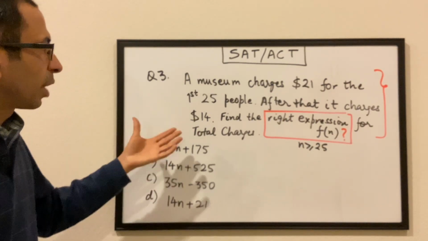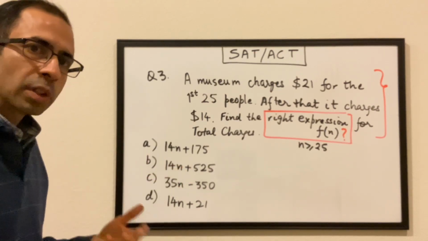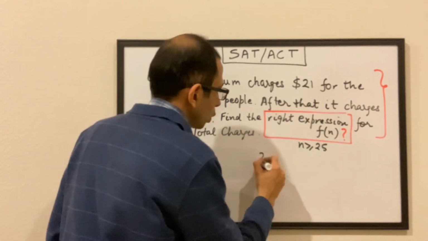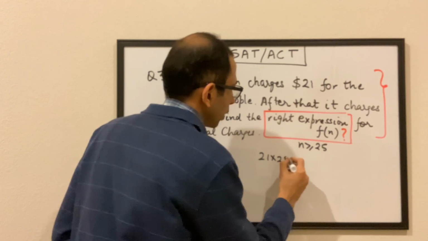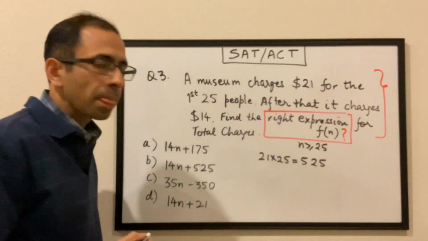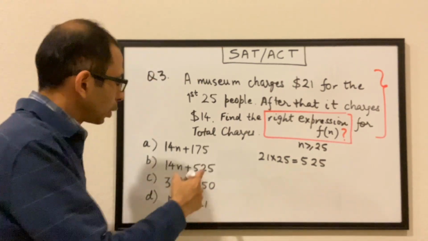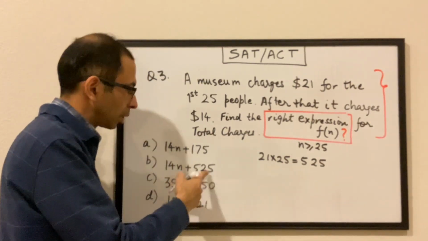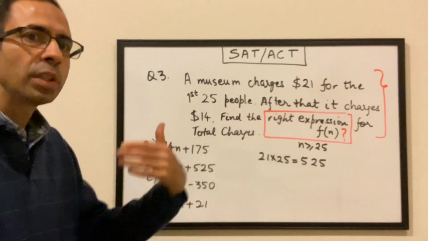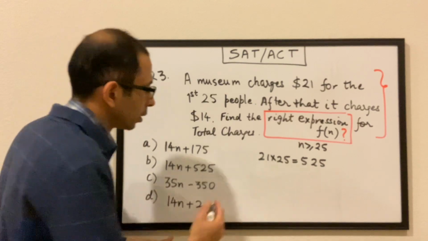So pretty straightforward question, right? The first 25 people will be charged $21 each. So the total charges for the first 25 people would be 21 times 25, which is 525. Now the catch here is that the moment we get 525, we tend to think of b, without really thinking about what's happening beyond 25. So let's try to write the full expression and see what we get.